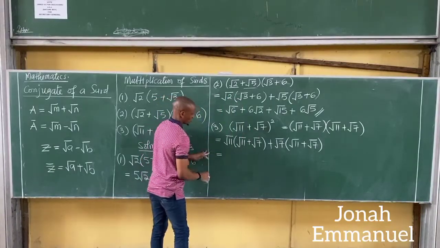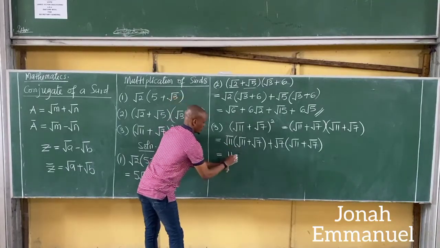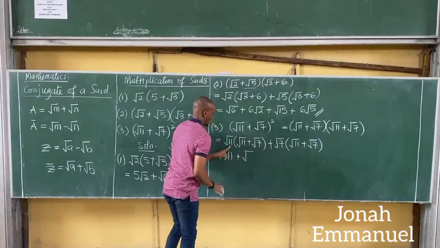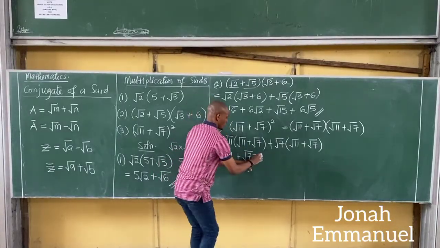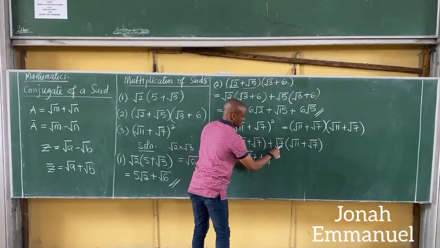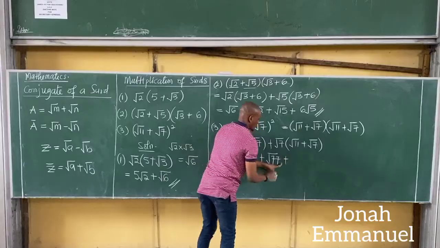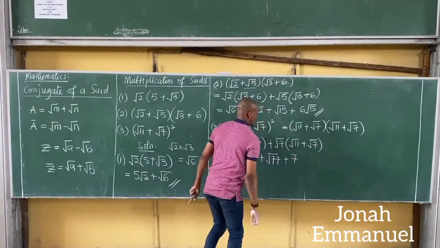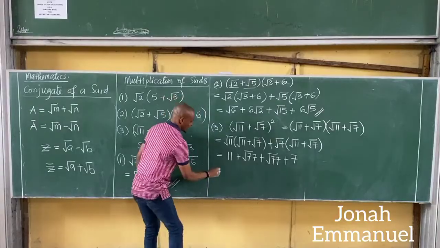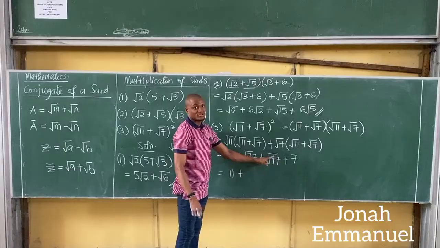This multiplied out gives you what? 11 plus root 11 times 7, root 77, plus root 7 times root 11, root 77, plus root 7 times root 7 gives you 7. This is now equal to 11 plus, these two are similar surds.